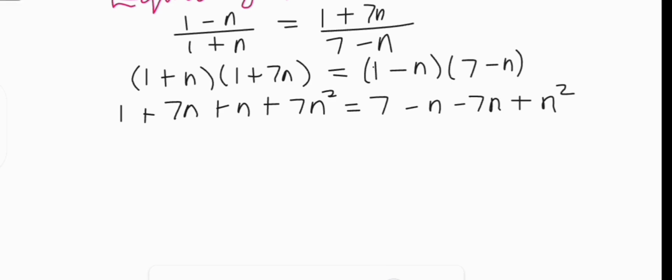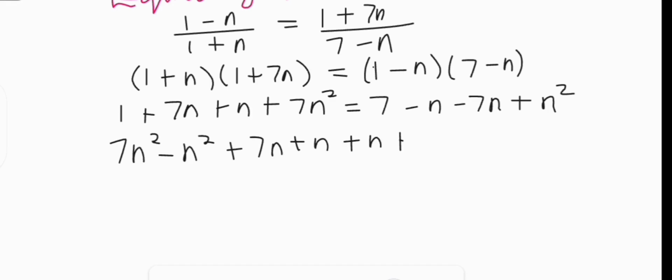All the terms are taken to the left, and we group them based on the degree, such that 7N squared minus N squared, plus 7N plus N plus N, then plus another 7N, when the ones on the right are moved to the left. Then plus 1 minus 7, everything is equal to 0.